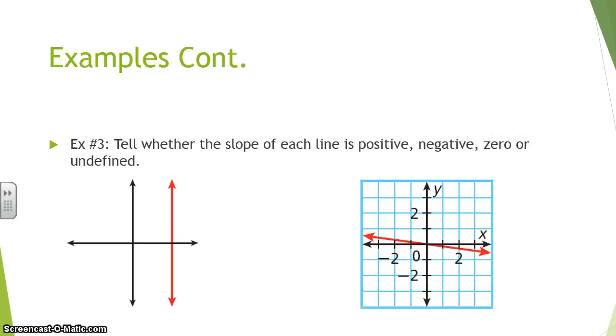The last example, they're wanting us to tell whether the slope of the line is positive, negative, 0, or undefined. So by looking at the chart in the previous slides, by the positive, negative, 0, and undefined slope, we're going to just label these. Remember, we talked about a vertical line. That would be an undefined slope.